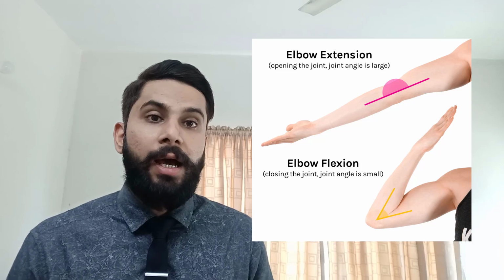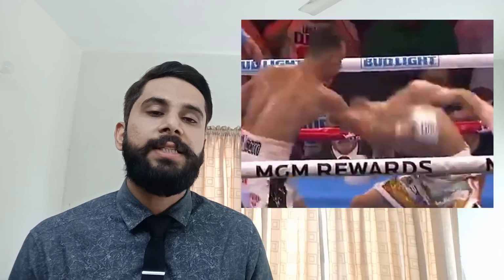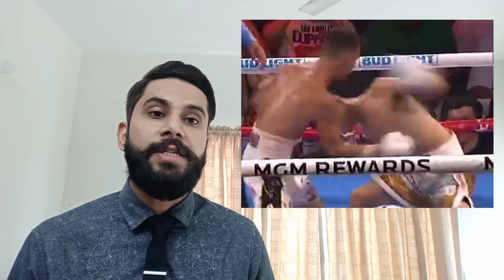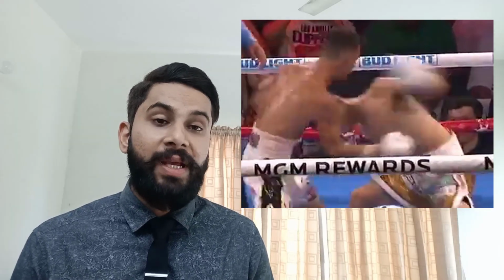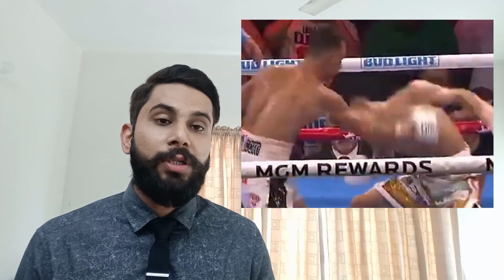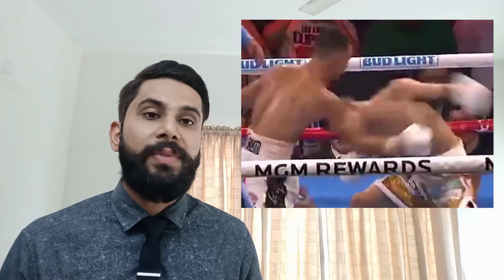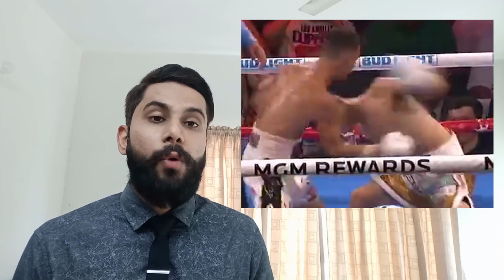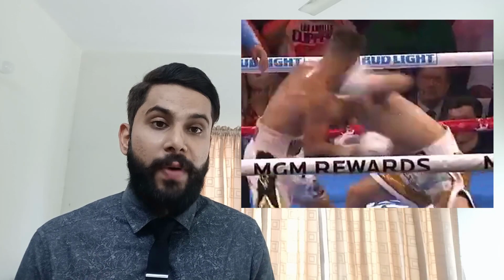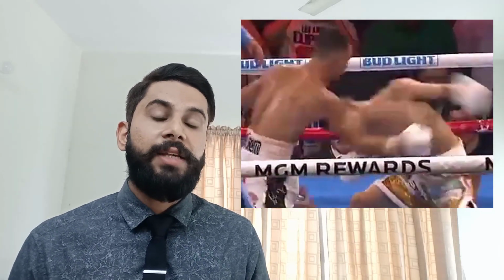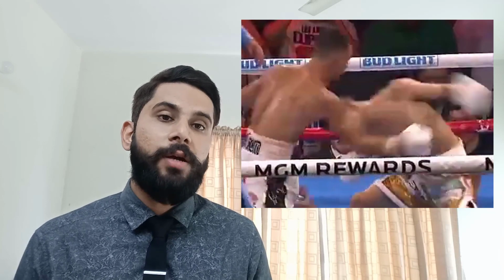In this side image, we can clearly see that there is flexion at the elbow joint. The bicep muscle is present on the front of our arm and the tricep muscle on the back side of our arm, and when both of these muscles are contracting and there is flexion at the elbow joint, this is known as isometric contraction.